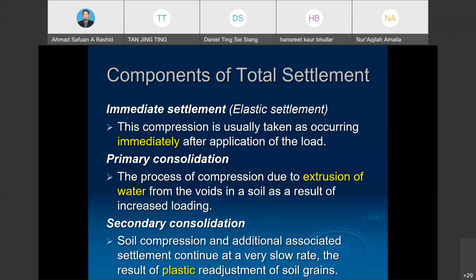you have a sponge, then you wet the sponge 100%, and then you apply a load on the sponge, then you can see that the water starts to exit from the sponge material.